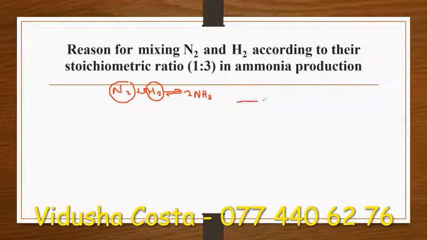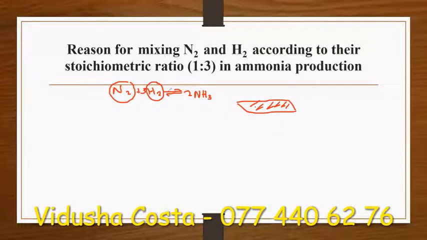These reactions take place with the aid of a catalyst. Okay, in a catalyst there are places for these gases to get combined to the catalyst. Now if you add one gas in excess, all these places will get covered by that gas, so the other gas won't have any chance. Okay, so that's why we should mix it in a 1:3 ratio.